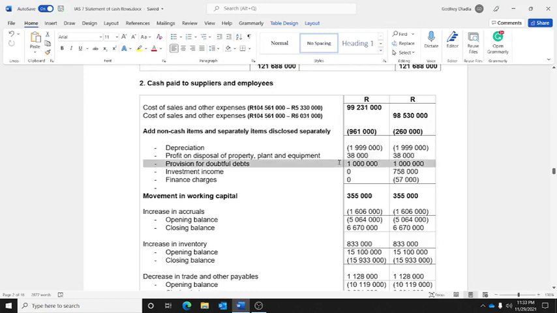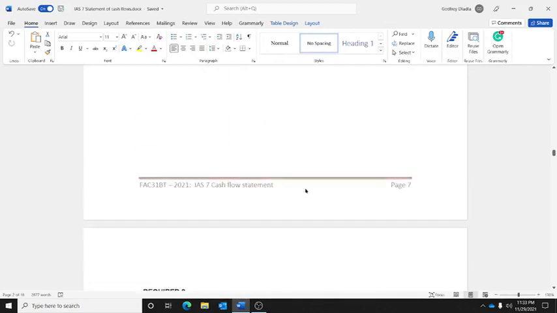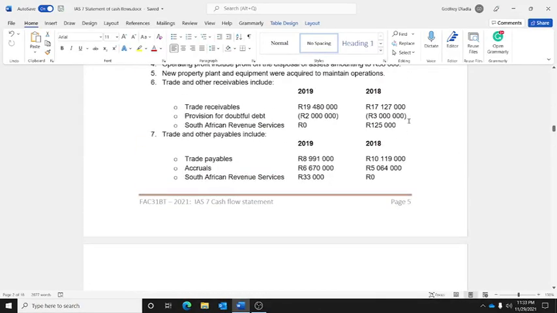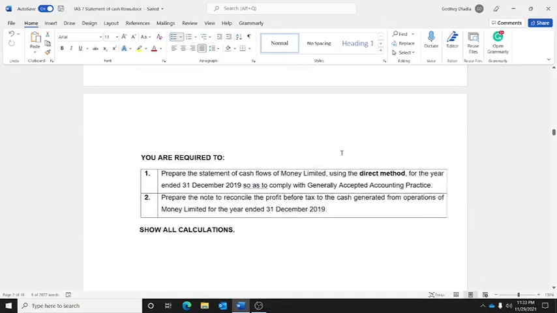So this one is also an income because it is decreasing from 3 million to 2 million, like I've explained before. It's an income. You'll see here it is decreasing from 3 million to 2 million. So the movement in your income statement or in the statement of comprehensive income is 1 million. Right.